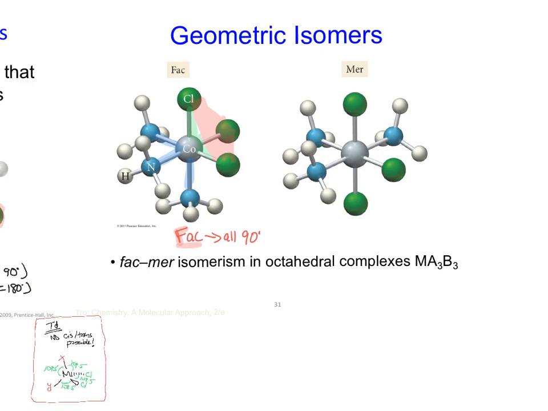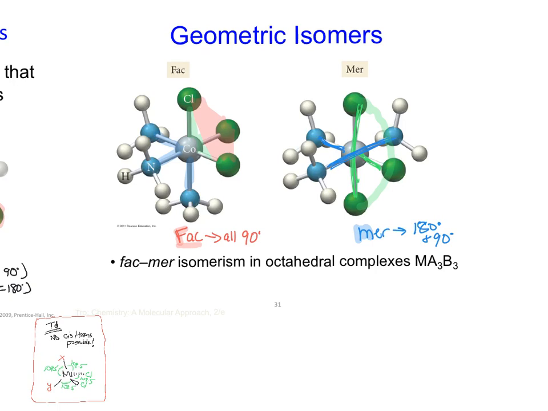Our other example here is mer, which stands for meridional, and we have a 180-degree bond angle and a 90-degree bond angle. So I can see my chloro groups, 180 and 90, and my amine groups, 180 and 90. I think about mer, like meridional, like the prime meridian on the globe goes all the way around the globe. If you look at the arrangements of these, you can see how that goes around the outside of that octahedral structure.